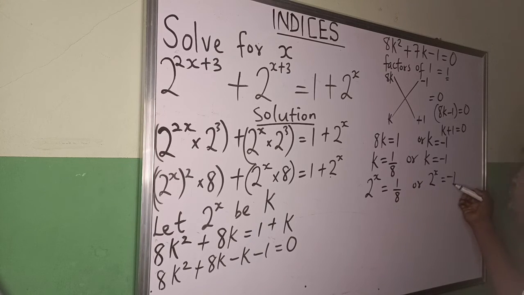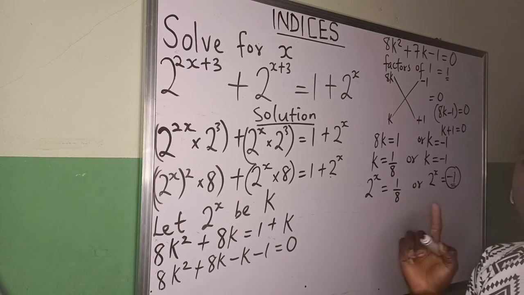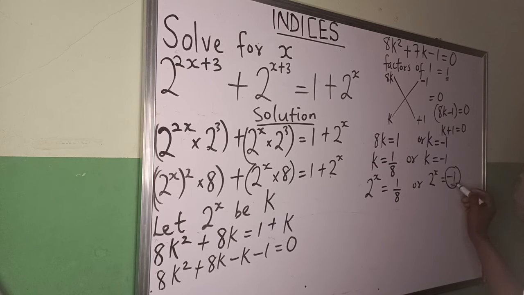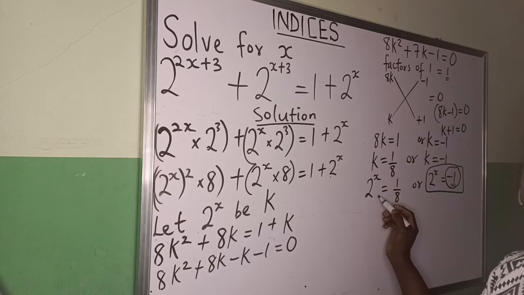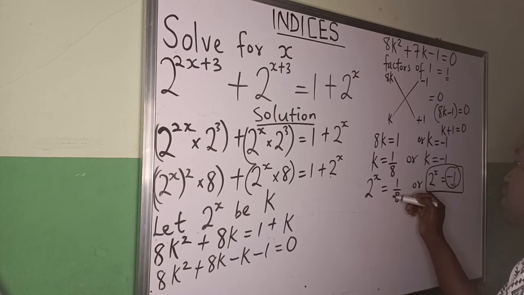Now, because this is a negative number, you cannot express a negative number to its basic index form in terms of 2. Because you cannot express a negative number in index form in terms of 2, you say that this will not have a value of x. You leave this and concentrate on this. Package this to its basic index form.